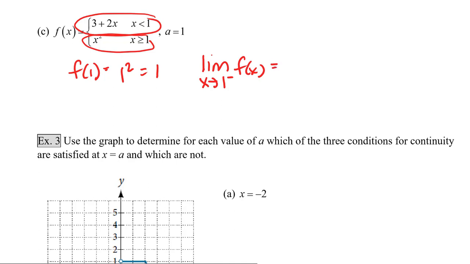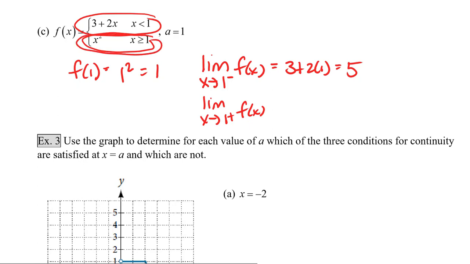And so this is equal to 3 plus 2 times 1, which is equal to 5. And let's evaluate the limit as x approaches 1 from the right of f of x. This is the part of the graph that's to the right, so I'm going to plug 1 into x squared and I get 1.